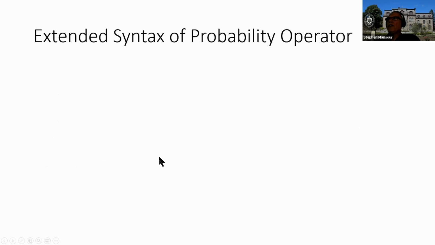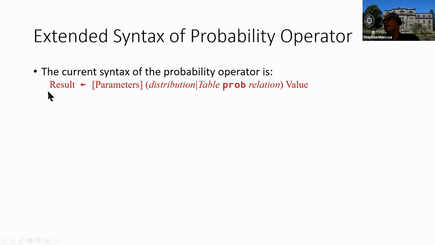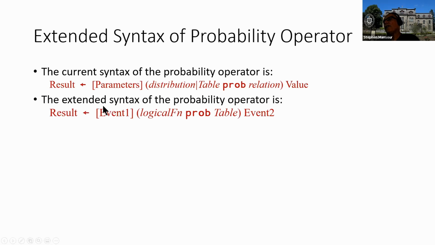So the extended syntax of the probability operator: this is the current syntax that we have, where we have parameters on the left and we have the value on the right. The operand can be a distribution or a table that I indicated, and the relation is the right operand. In the extended syntax, we're going to put in a logical function that pairs a logical function with a table, and the events will be the operands, the left and right arguments, sorry.